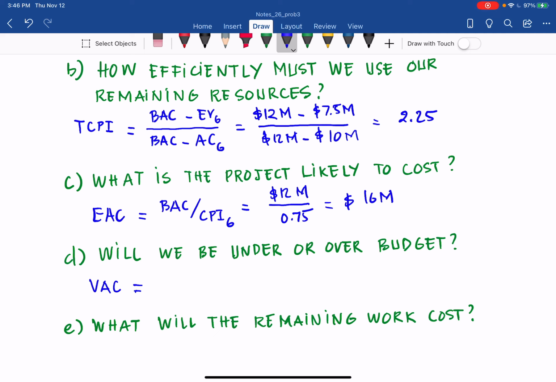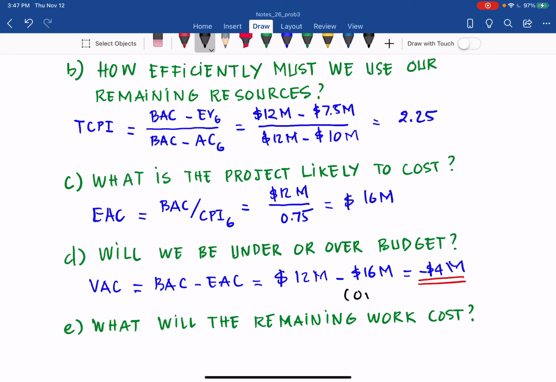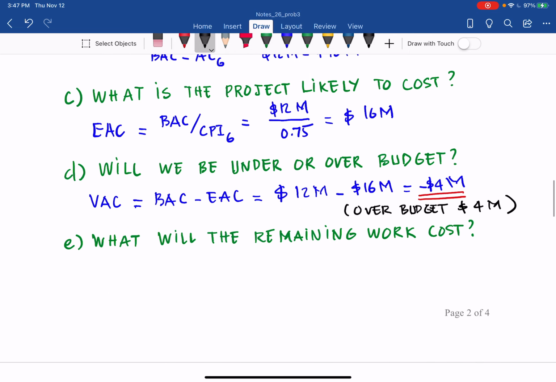VAC equals BAC minus EAC. And BAC, budget at completion, 12 million, minus estimate at completion, 16 million. So it will be negative 4 million. What does that mean? It is over budget by 4 million. From 12 million to 16 million, so it's over budget.